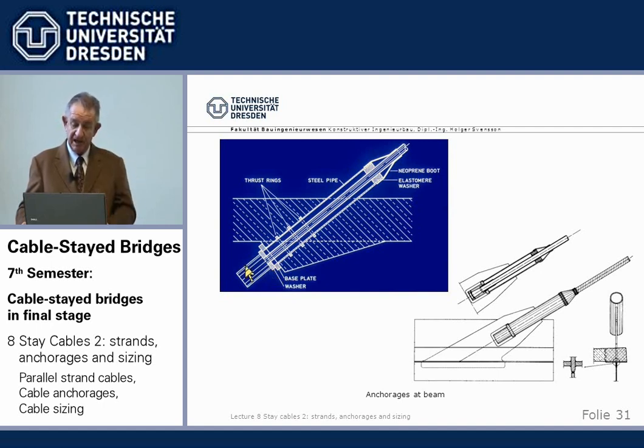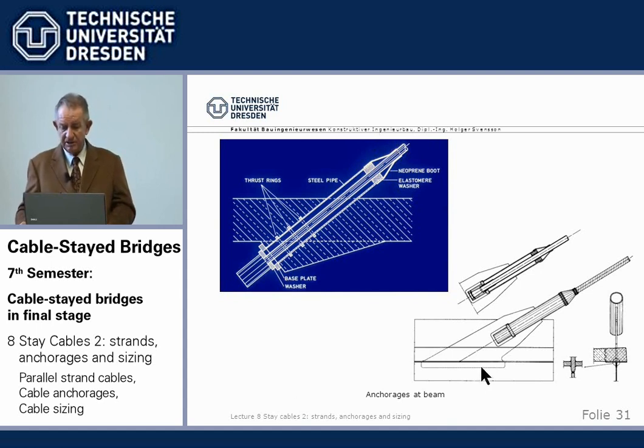We come to here underneath, and that's it. And we use here a centralizer, an elastomeric washer, and some sort of neoprene boot to close it against rain, weather, and so on. That's more or less what everybody does.